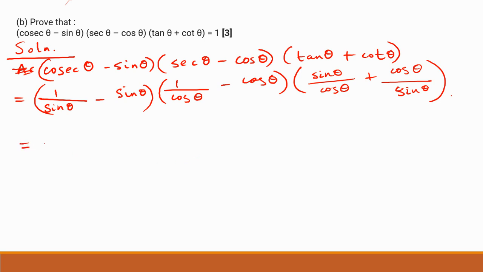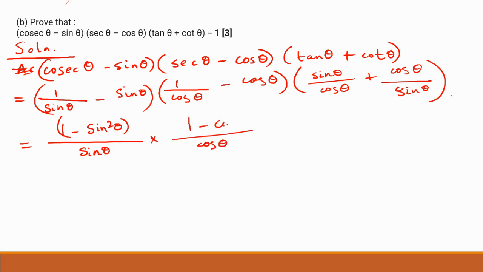Okay, so let's just do some algebraic calculation. Sine theta we will take, this is 1 minus sine squared theta, times this, here the denominator is cos theta, and we are getting 1 minus cos squared theta, times here we will get sine theta times cos theta.